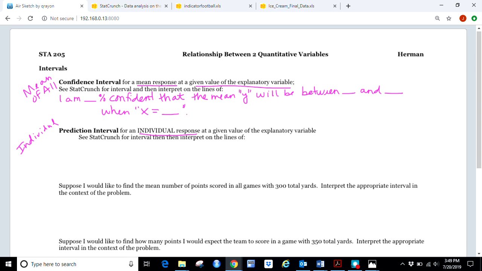A prediction interval's interpretation is going to look similar, except it's no longer interested in the mean. And we're going to phrase it a tad bit different so it stands out.